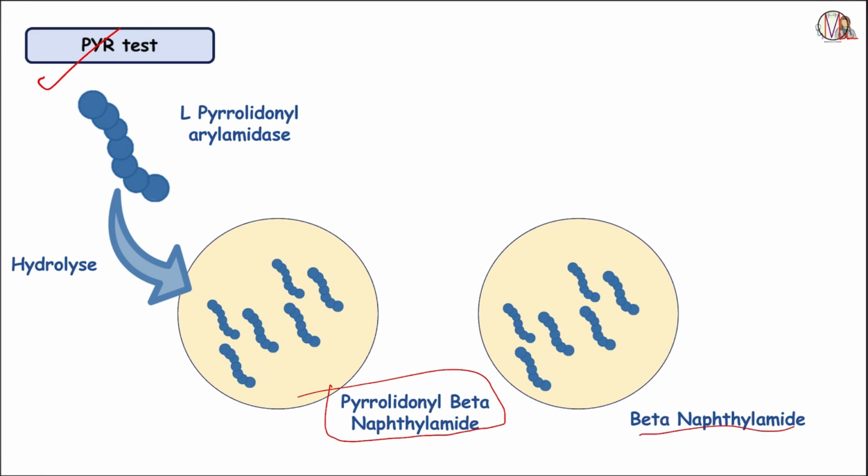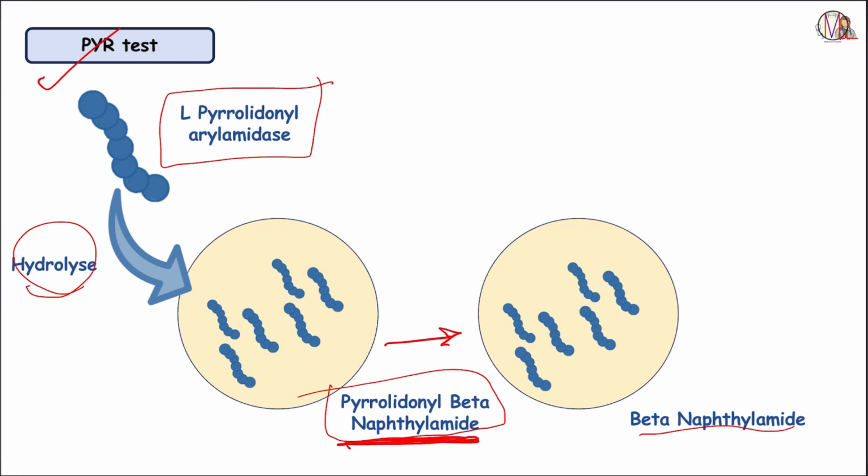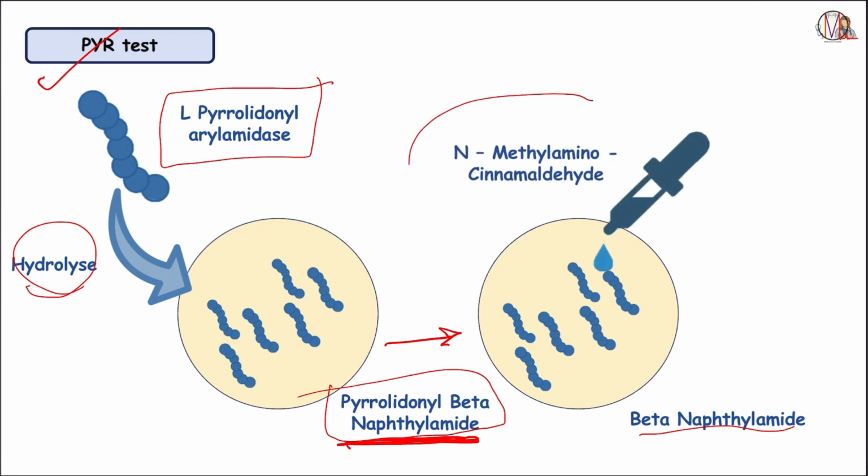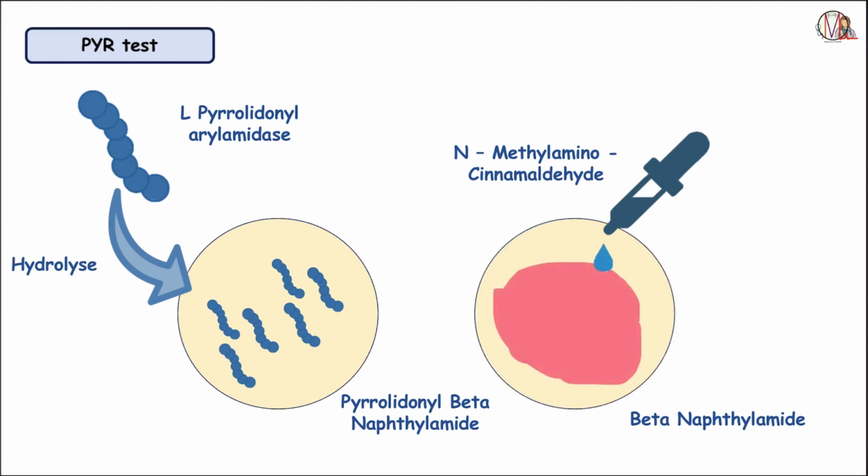Streptococcus pyogenes and Enterococcus possess an enzyme, that is L-pyrrolidonyl aryl amidase enzyme, enabling them to hydrolyze pyrrolidonyl beta naphthalamide and generate beta naphthalamide as a byproduct. Upon the addition of methylaminocinnamaldehyde, the solution turns red, indicating a positive result.